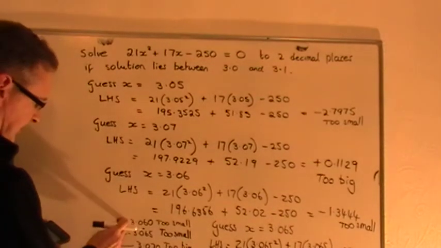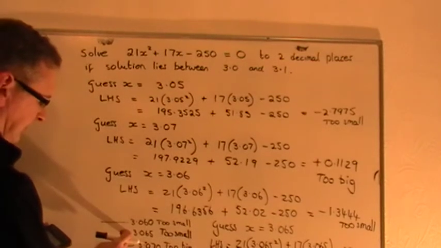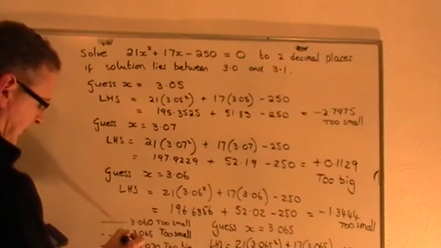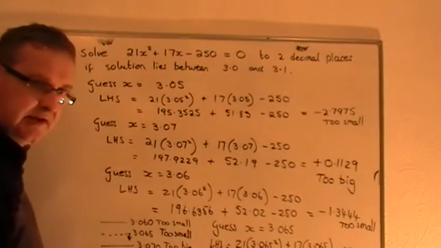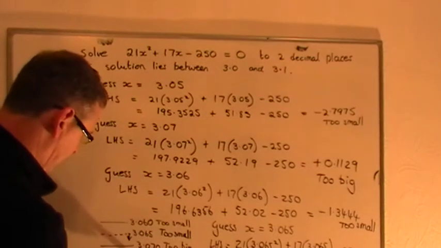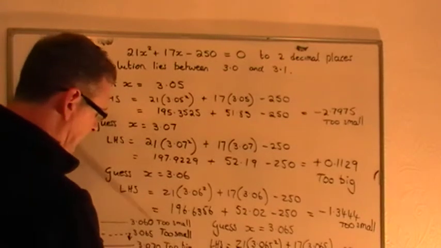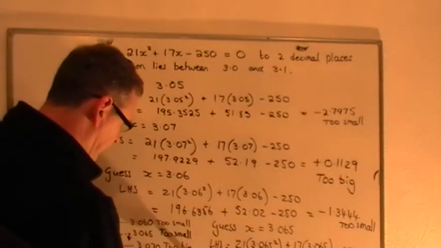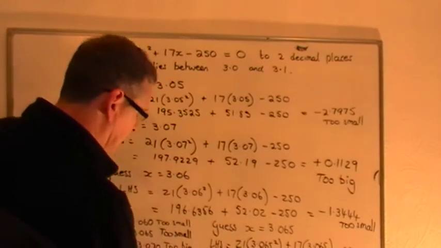So 3.06 was too small, 3.07 too big, 3.065, the halfway point, is also too small. So that must mean that our answer lies closer to 3.07 than it does to 3.06. So therefore, I hope you can see this. If you can't, you can just hear me telling you the answer. To 2 decimal places, 3.07 is the correct solution.